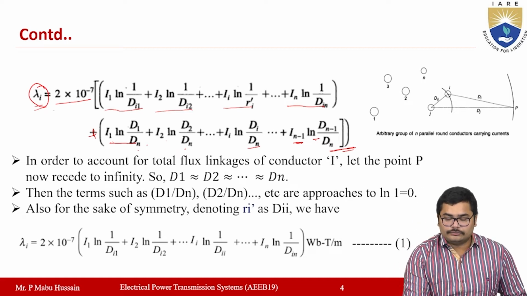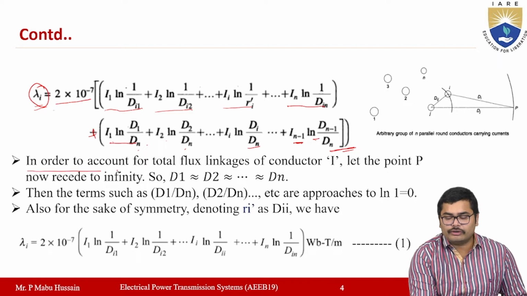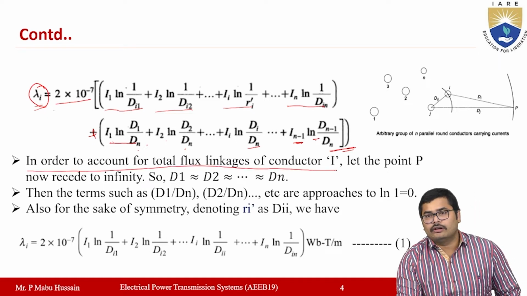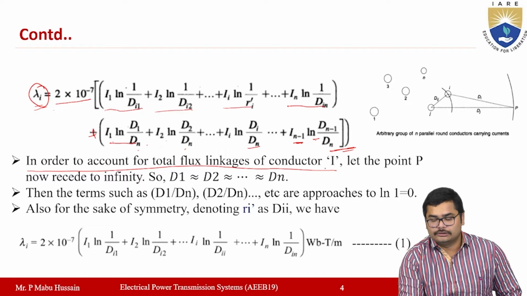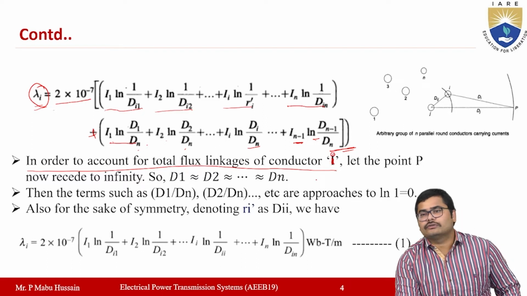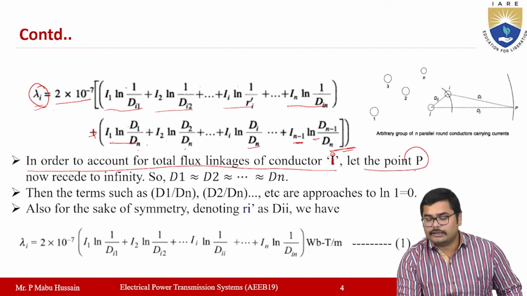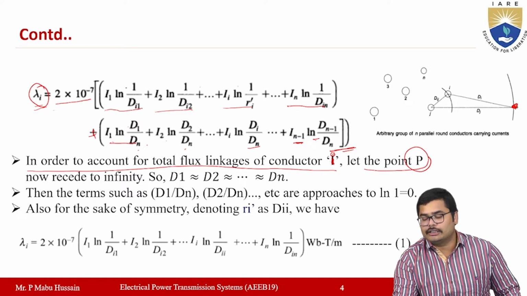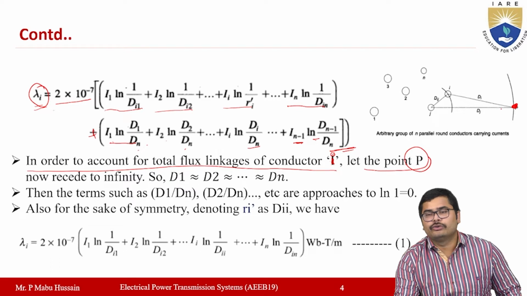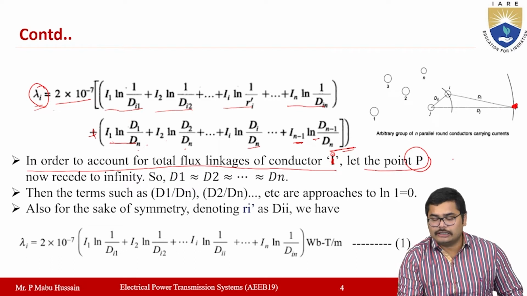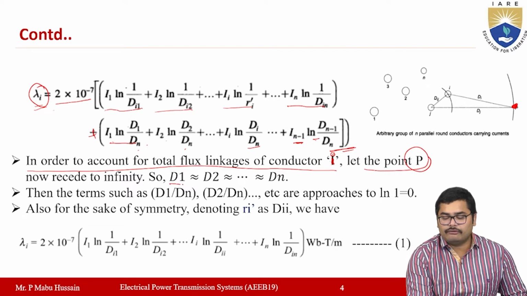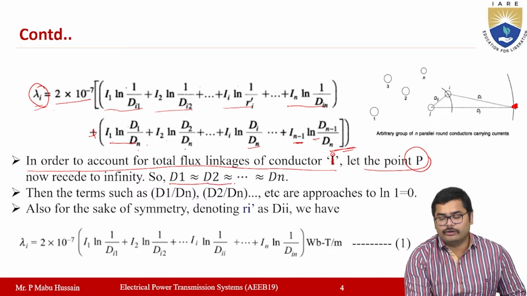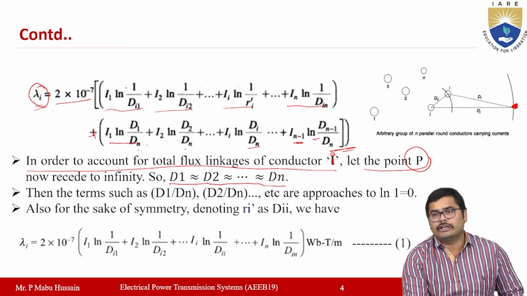Now, in order to account for the total flux linkages of the conductor i, let us assume that point P is residing at infinity. We are moving this point P to infinity. In such a case, you can say that the value of d1 will be equal to d2, which will be equal to d3, which will be equal to dn.